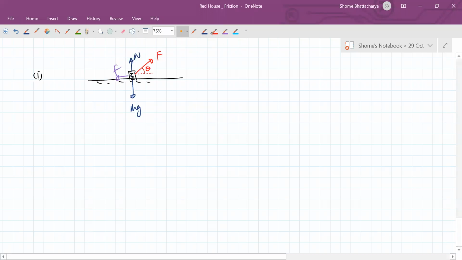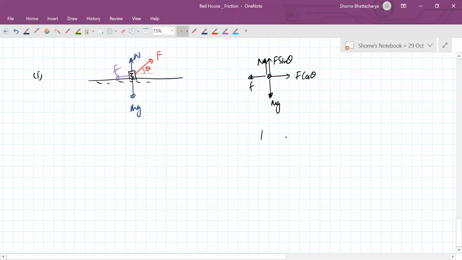Okay. So we can resolve the forces and make the free body diagram like this, that F cos theta is acting horizontally, F sin theta and normal reaction are acting vertically, mg is acting vertically downwards, and friction is acting like this. Okay.